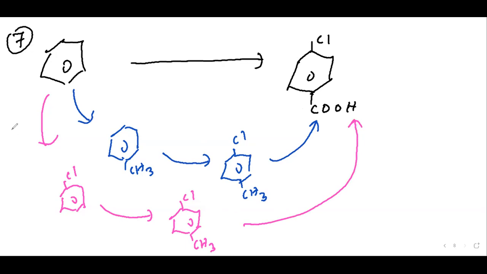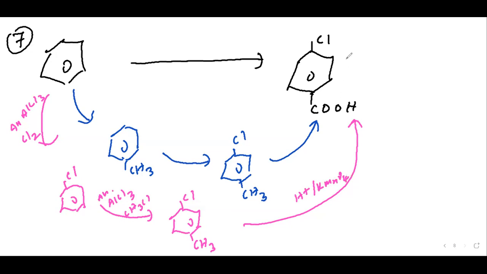This is anhydrous AlCl3 and Cl2. Then here you can put anhydrous AlCl3 and CH3Cl. After that you can put acidified KMnO4.